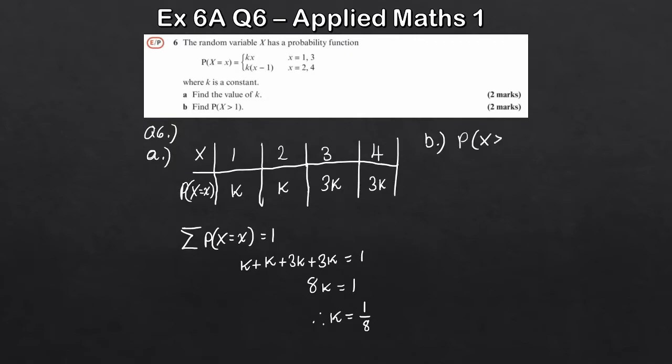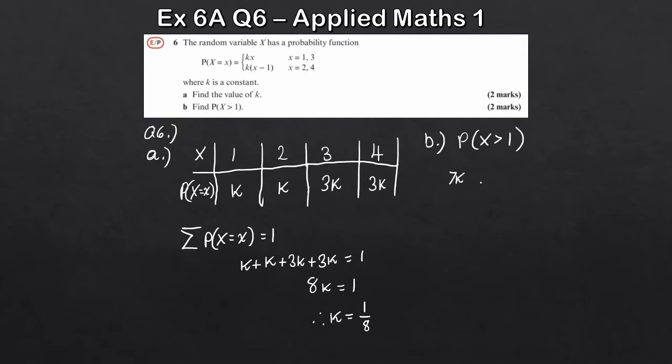that x is greater than 1, well, given that x can only be 4 possible values, and we want everything greater than 1, that means we can only have 2, 3, and 4. So what are the respective probabilities? So that's k, 3k, and 3k, where k is 1/8. So in other words, that's 6k plus k, so that's 7k. But remember, we know what k is. We want an actual numerical value here.